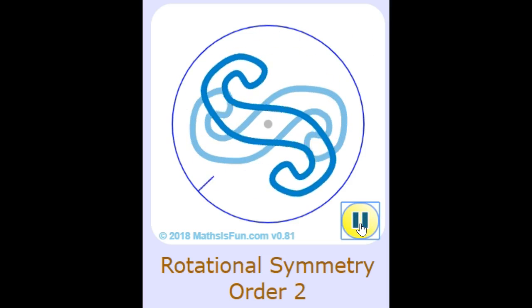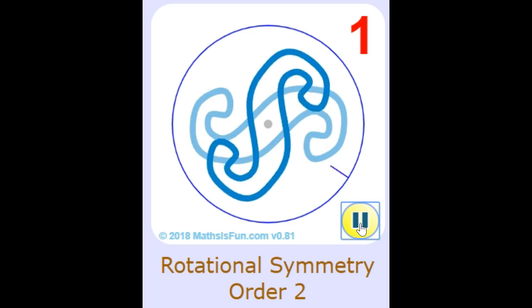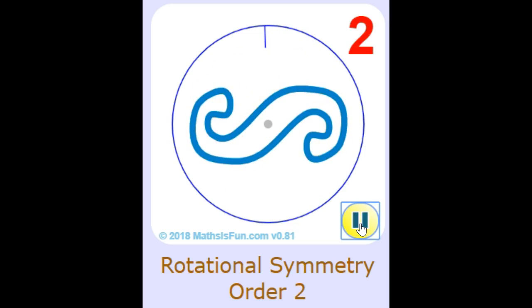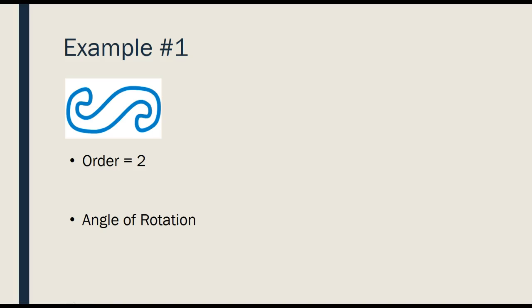So once, and we have our image mapped onto itself, and then yet again, and that's where we get order of symmetry 2. So order 2 means that it took us 2 times to get to our initial position.